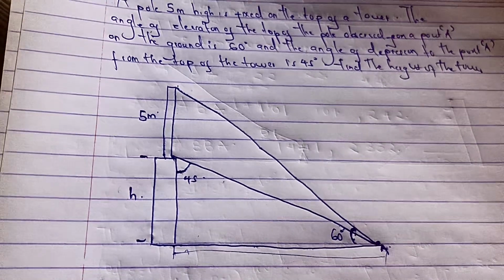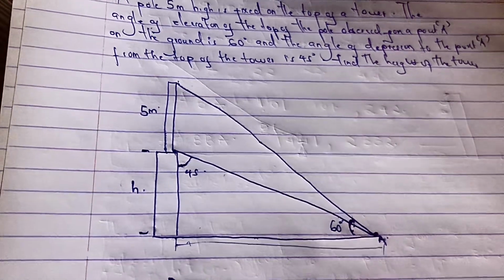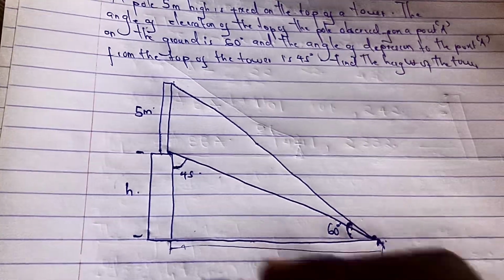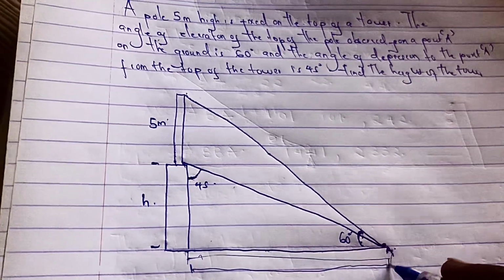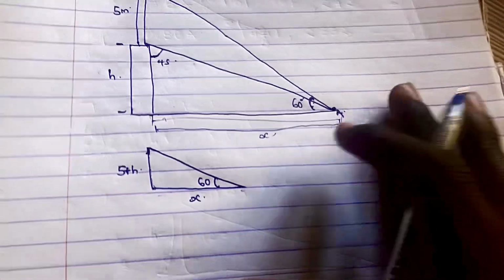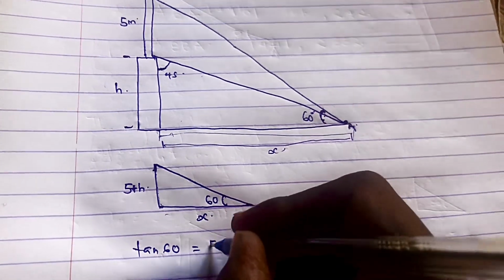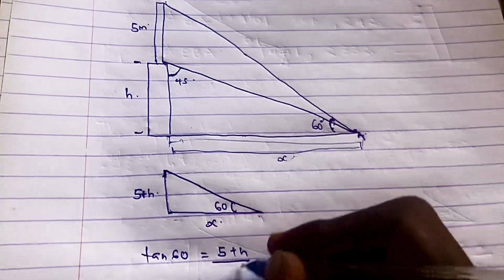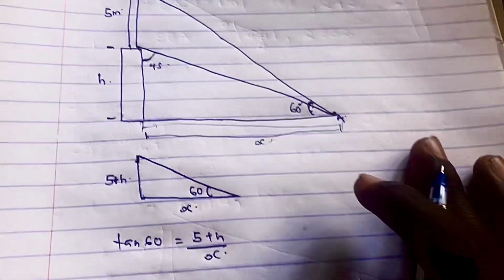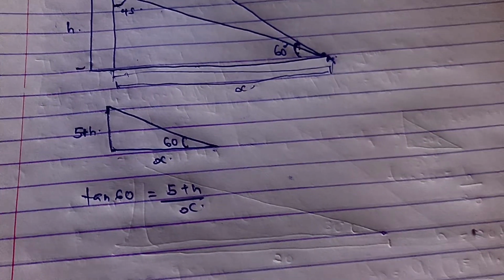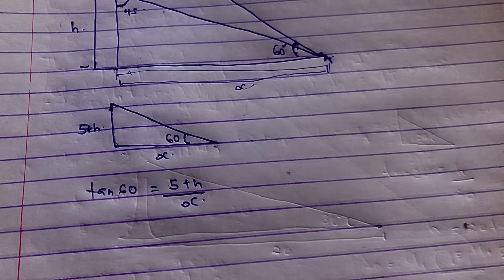We don't know this distance, so let this distance be x. When we are solving it, we use tan. Tan of 60 equals our opposite, which is 5 plus h, over x. That will be our first equation.